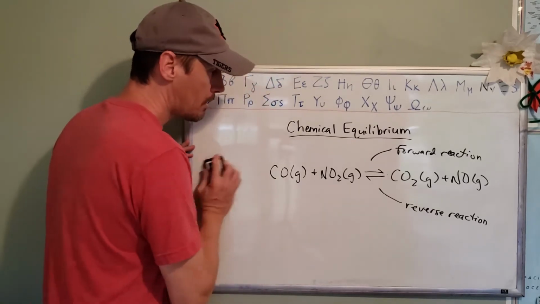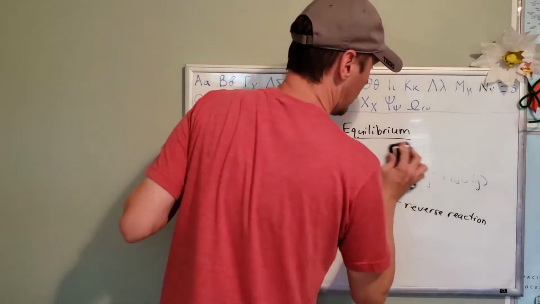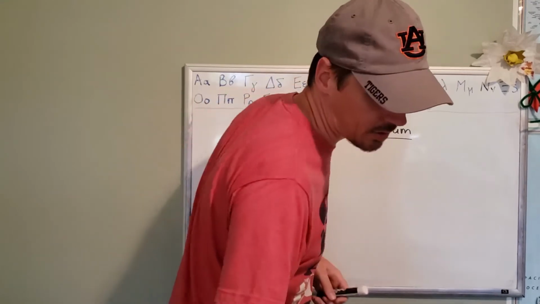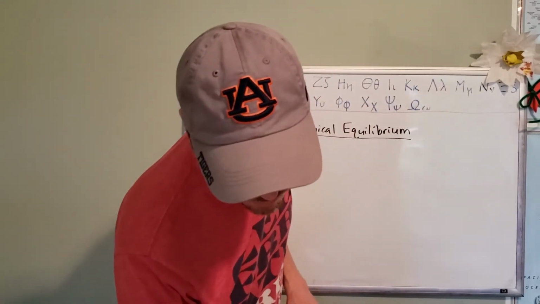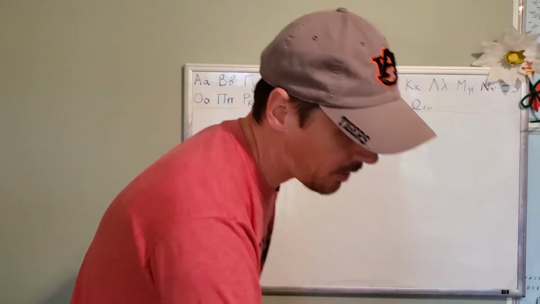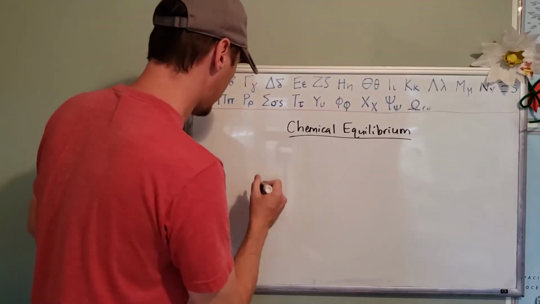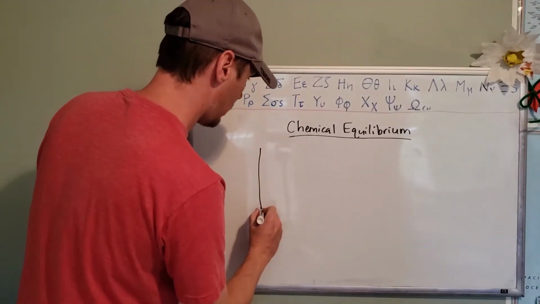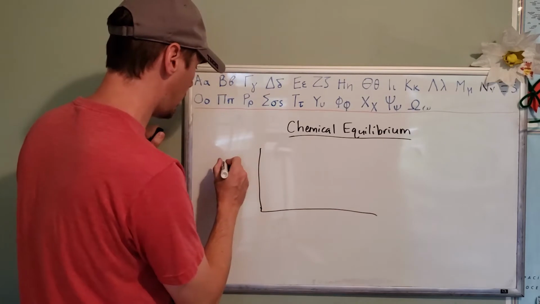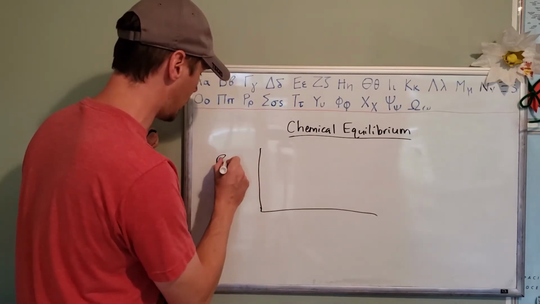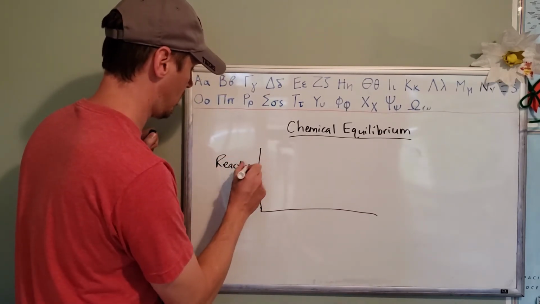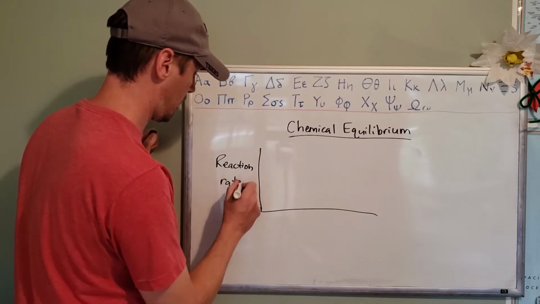So let me draw a graph. And you can look at this in your book if you want to. It's on page 484. But a graph that basically looks like this describes this process. So over here on this timeline, we have the reaction rate. Okay?